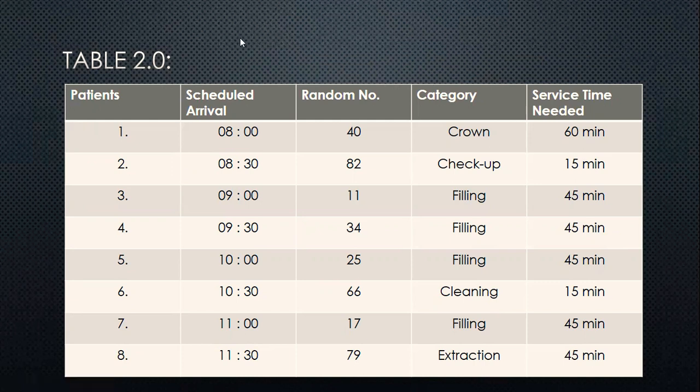The time needed for all these services: the crown needs 60 minutes, checkup needs 15 minutes, filling needs 45, cleaning requires 15 minutes, and extracting needs 45 minutes. So by checking this, we will start the answer of our question.